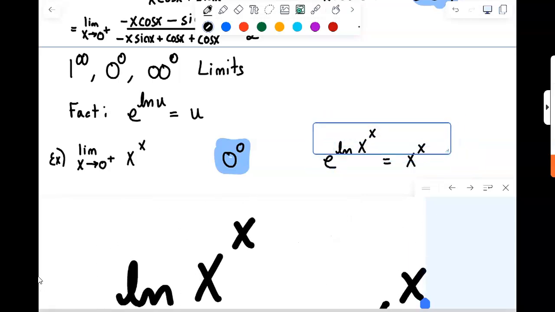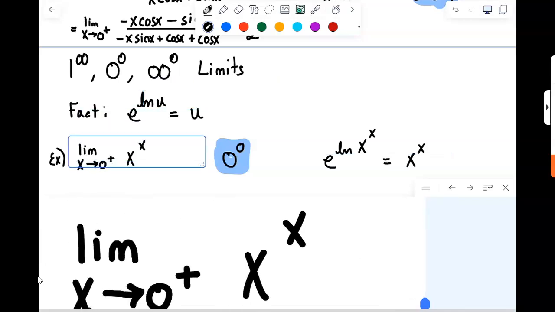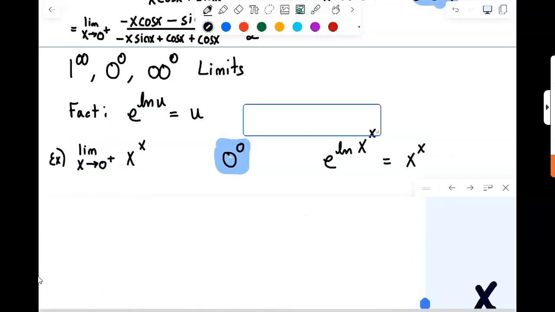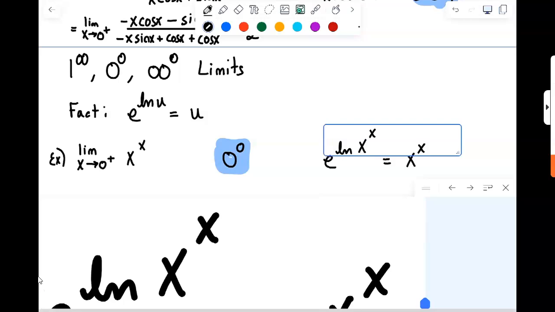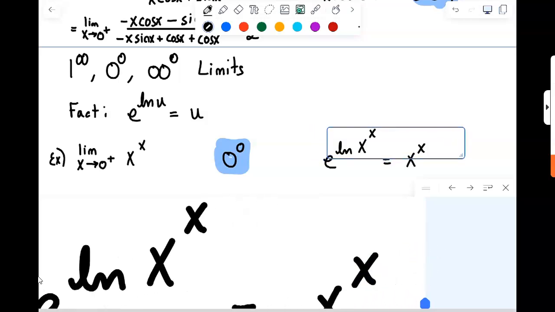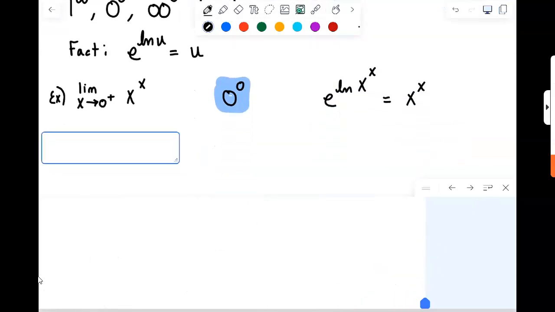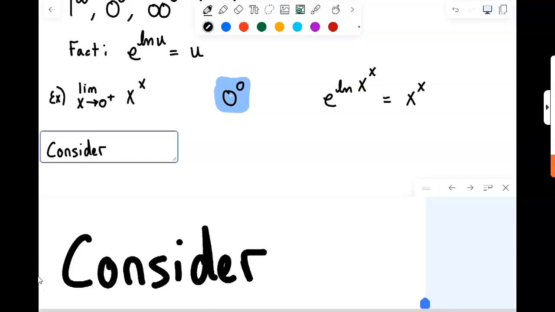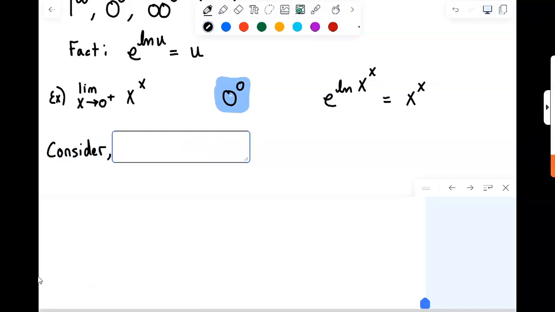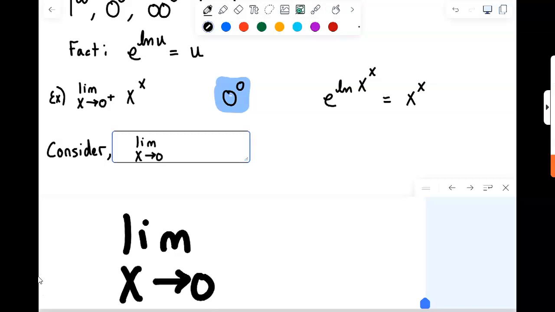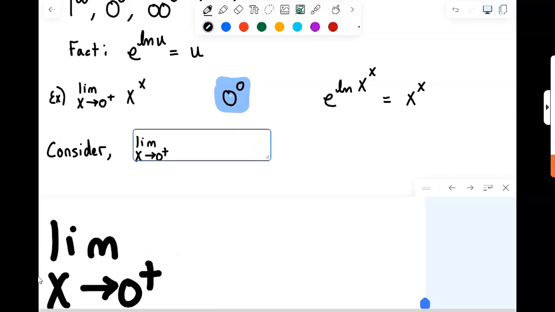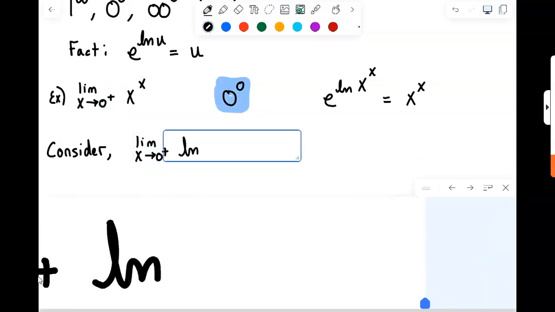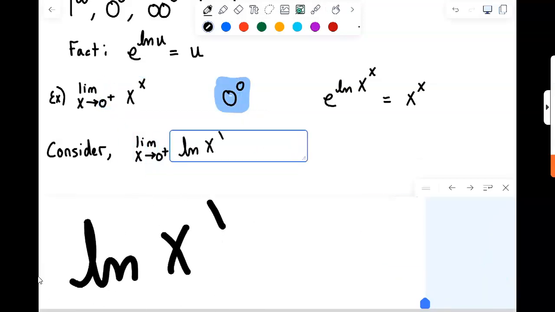So instead of trying to look at this limit, what I do is look at the ln of that thing. We consider that limit first, stepping away from the original problem for the moment. Let's consider the limit as x approaches 0 from the positive direction of the ln of the thing we're trying to take the limit of.